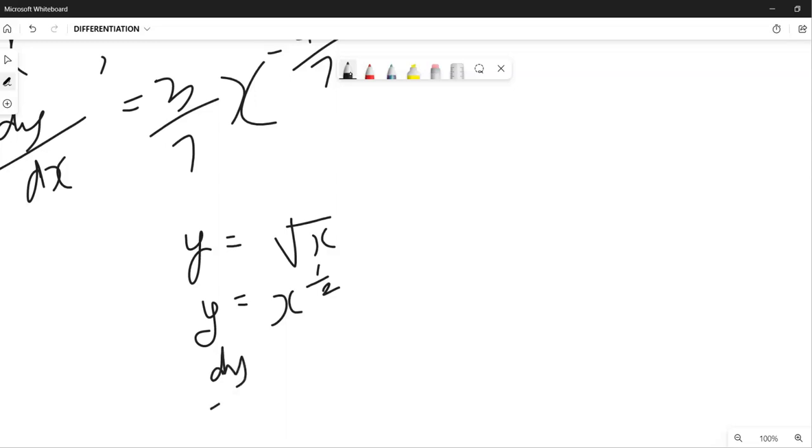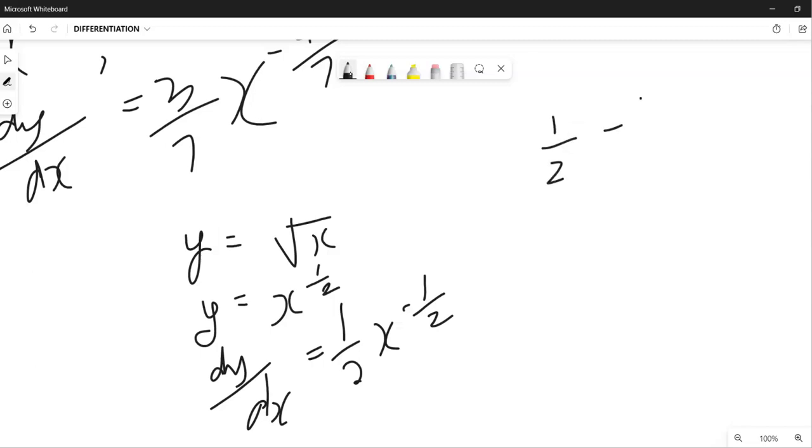So dy by dx is equal to half x to the half minus 1 power, which would be negative half, right? So the original power half minus 1 is negative half. Use a calculator to verify. Alright, so that's it for powers.